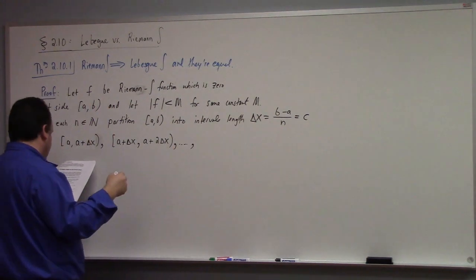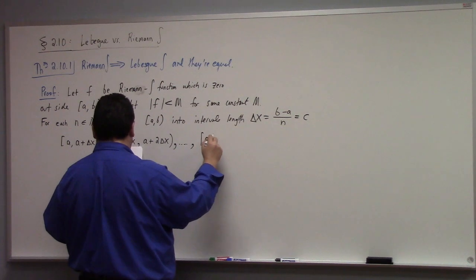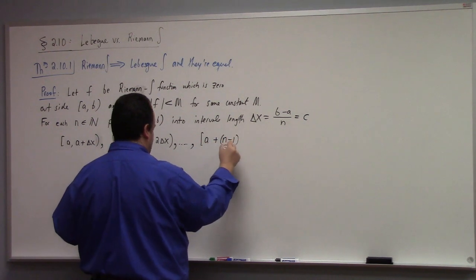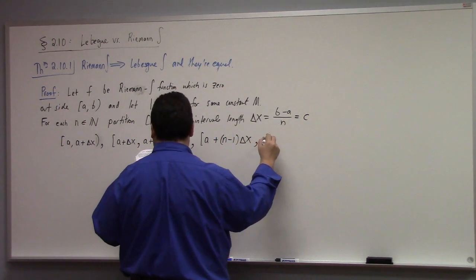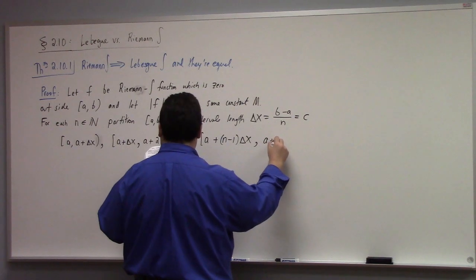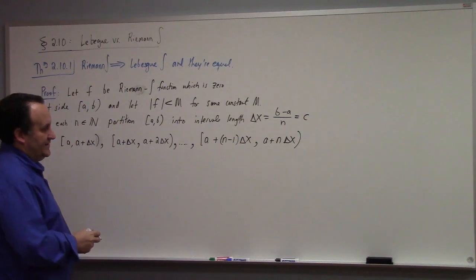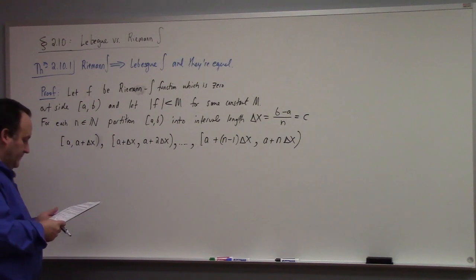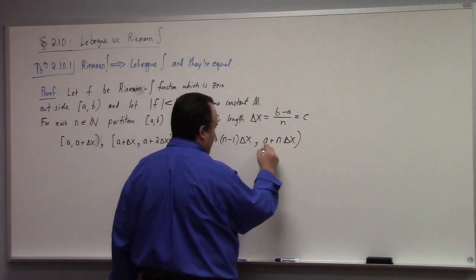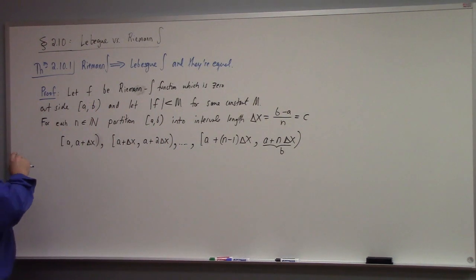Again, he uses c instead of delta x, but I'm stubborn, so I'm going to still write the delta x here. Up to a plus (n minus 1) delta x, to a plus n delta x. Of course, what is a plus n delta x? This is literally b. Great, so he's just chopping the interval up into n subintervals of equal length.